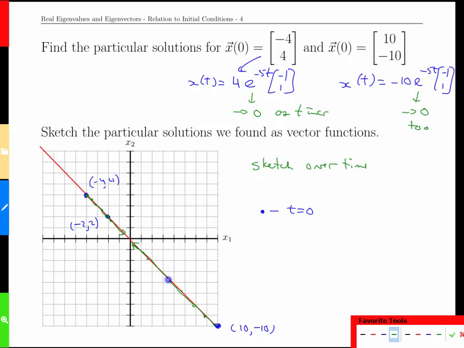But they would always stay on this line because the only vector in this whole thing is always negative 1, 1. So it'll always be some multiple of that, and that puts you on that red line, guaranteed. So by choosing initial conditions that are multiples of the eigenvector, we get a very simple solution that we can actually interpret.